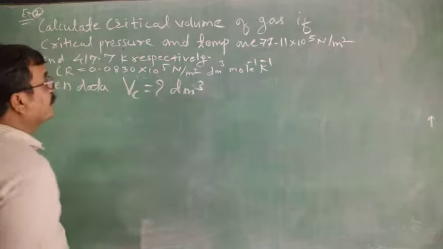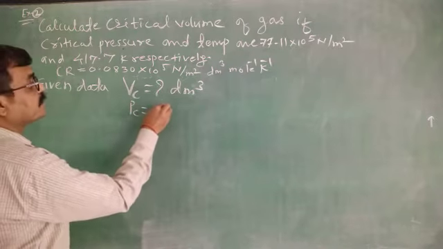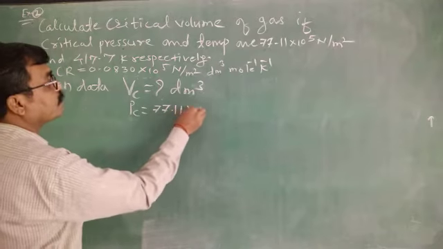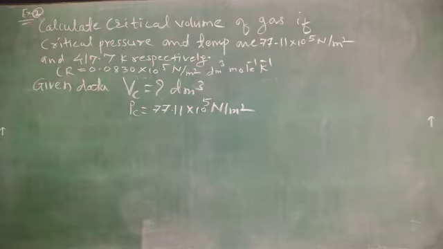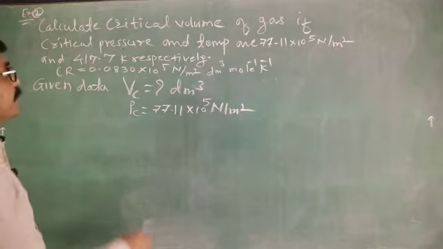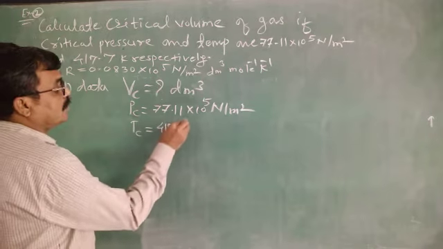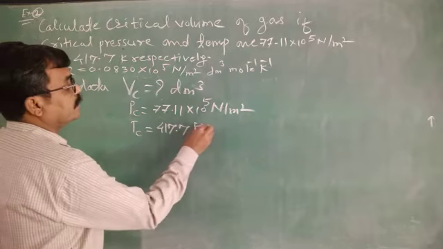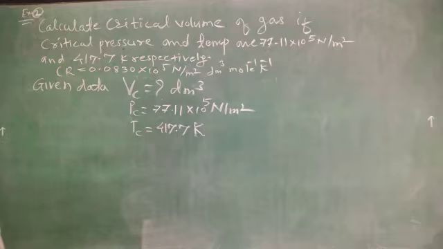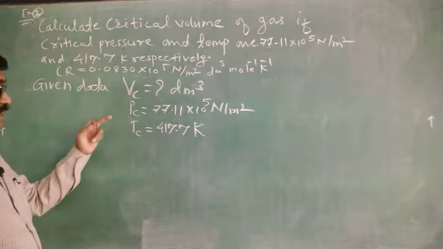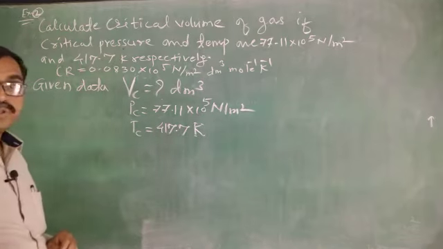Okay, this you have to find out, and the critical pressure, that is PC, is 77.11 into 10 raised to power 5 so many Newton per meter square, and the critical temperature TC is equal to 417.7 Kelvin respectively. Now see which formula you have to use. PC and TC are given and you have to find out the value of VC, critical volume.